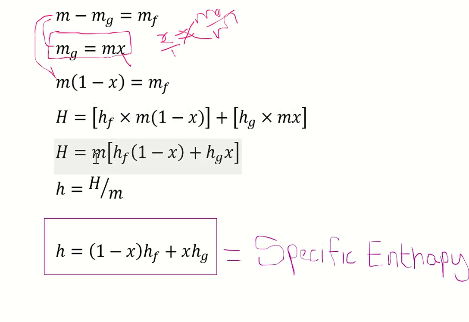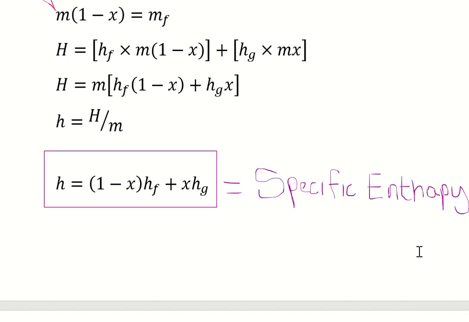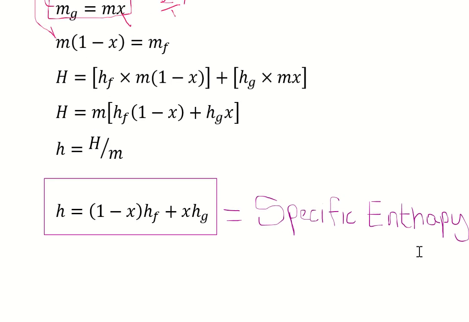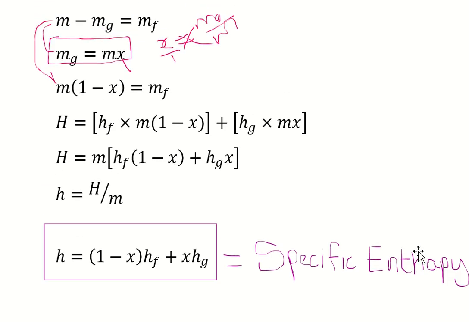So you bring it out and divide through, and you'll have the specific enthalpy. This brings you to this formula here, which is the specific enthalpy for a two-phase mixture in thermodynamics. You can pause the video and derive the formula on your own, and it will be quite simple if you do that.